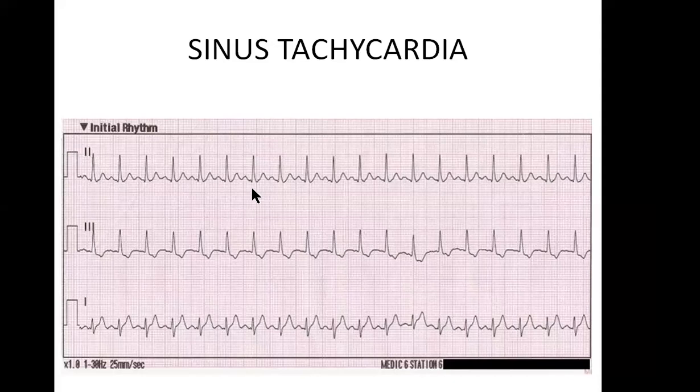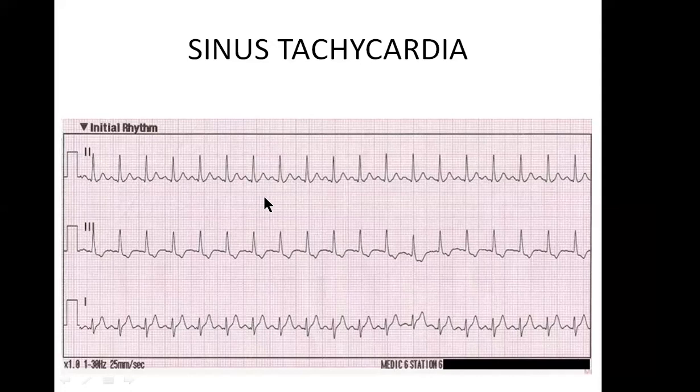And here, whenever you see narrow complexes, the rhythm is supraventricular. The narrow complexes, supraventricular tachycardia. You may see P wave, you may not see P wave.